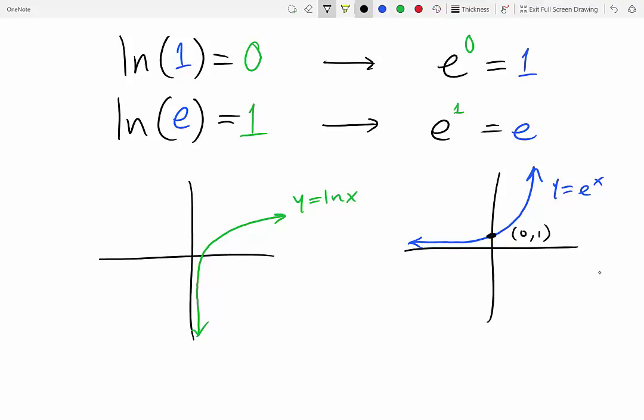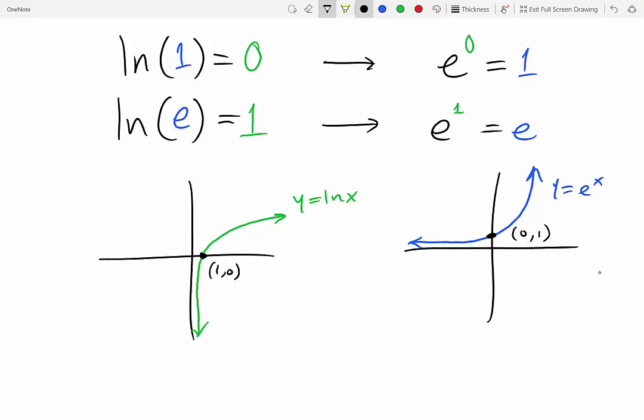If you plug in 0 into e to the x, we get an answer of 1. Now let me ask that question again. What is the natural log of 1? It's 0. That x-intercept on the natural log function is the point 1, 0. So the natural log of 1 is a valuable piece of information because it helps us with our x-intercept, and we can calculate the value natural log of 1.